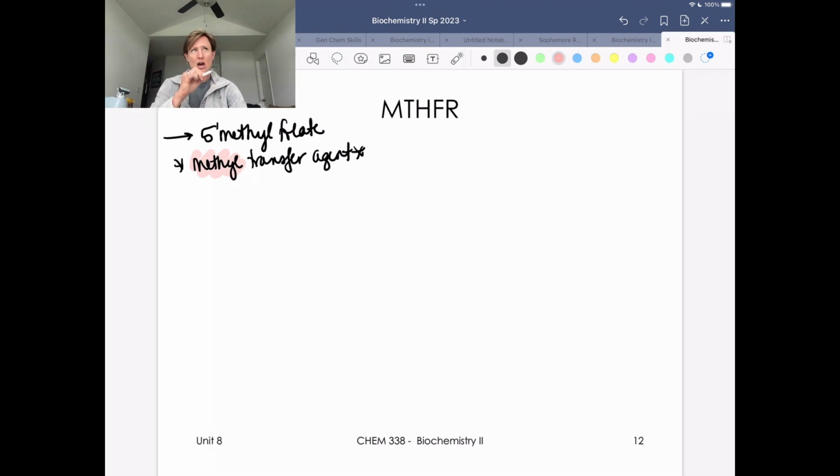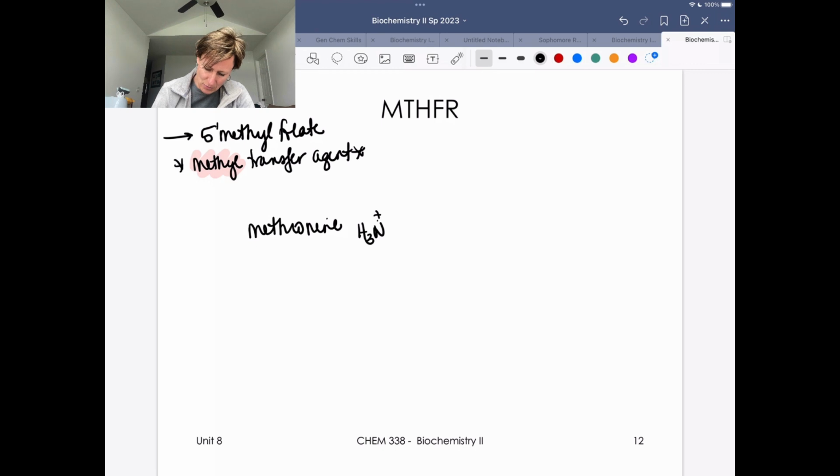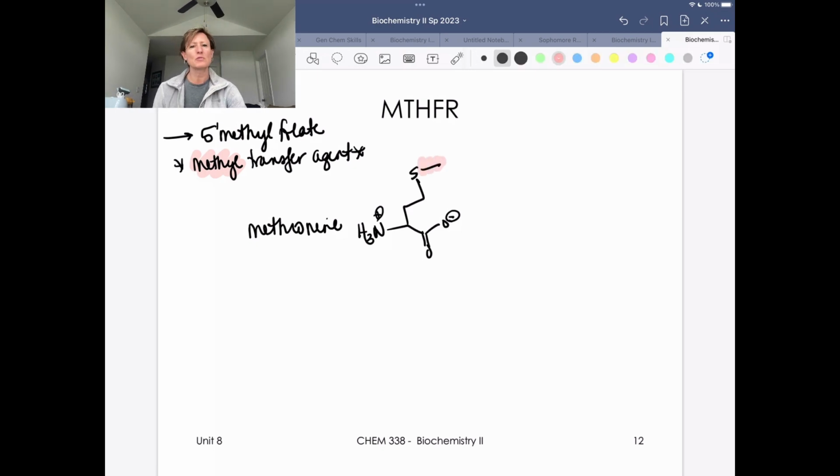I'm going to draw a round the block, if you will, talking about these different pieces. So let's start with the structure of methionine. Drawing methionine as an amino acid, right there we've got our basic amino acid backbone, and then we have a methyl ether. It's basically a thioether, so it's a methyl thioether, okay? And this is the methyl group that we're really talking about.